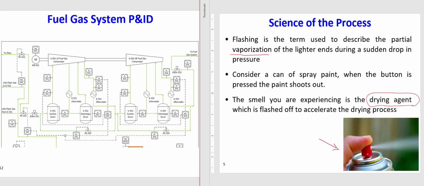When they are flashed out from this valve, the pressure decreases suddenly, and the drying agent, which is a lighter agent, gets vaporized. It gets separated from the remaining components, and that is how the drying process happens. This flashing of the drying agent accelerates the drying process.